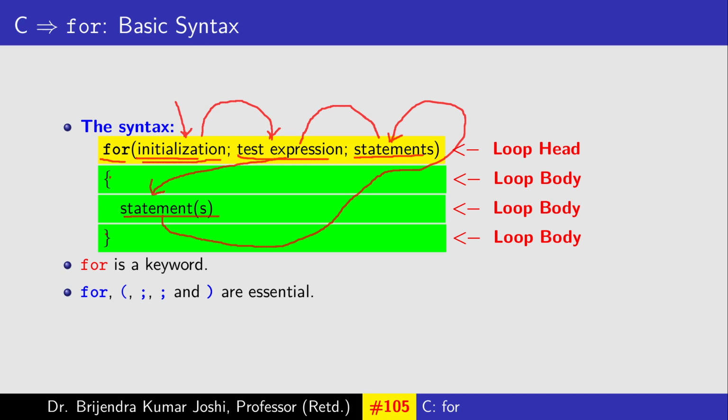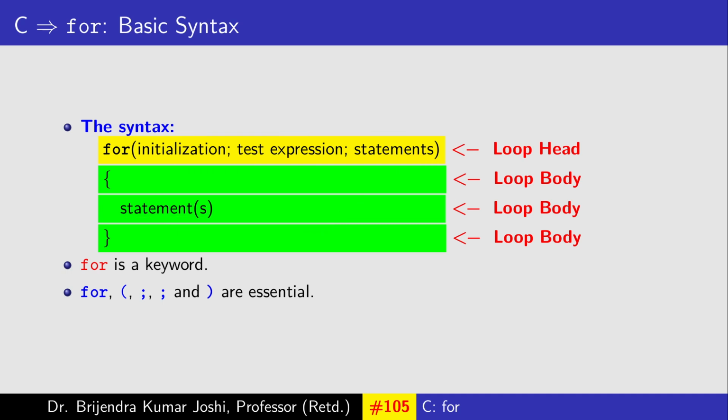So I repeat: it starts here, then after this it comes here, and if it is true, then it comes here. If it is false, it will come outside this for loop.